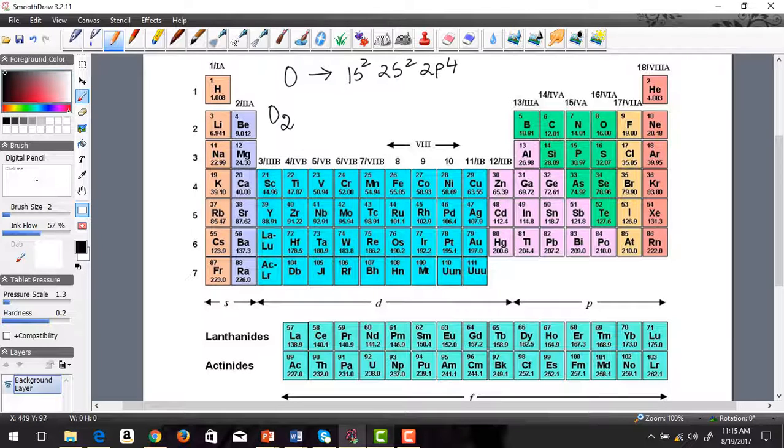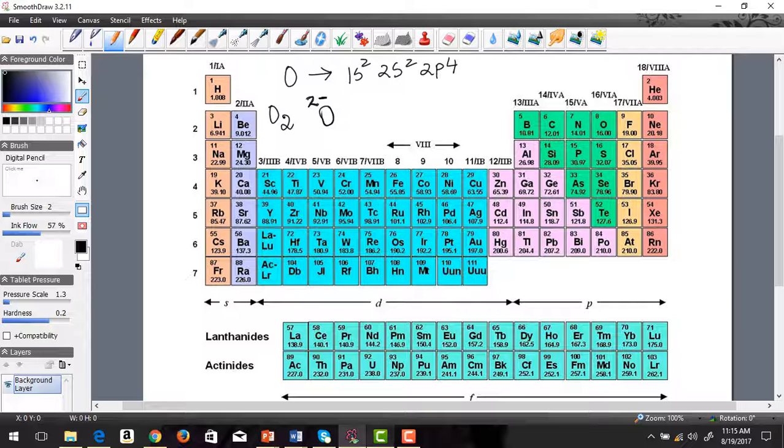Because oxygen is a non-metal and it has to gain 2 more to get to the stable configuration of 8, when it gains 2 electrons, you write it as O2 minus. Let me explain it with a different color so you can see what I have done.